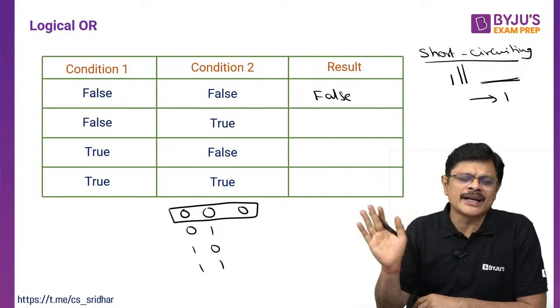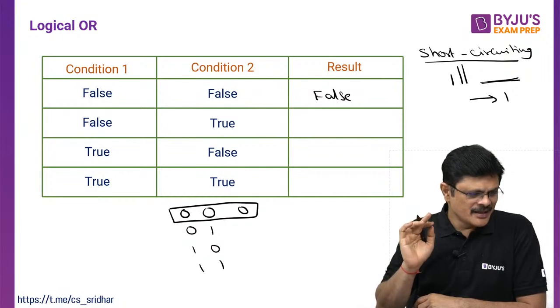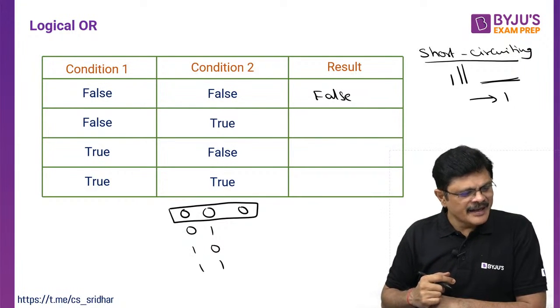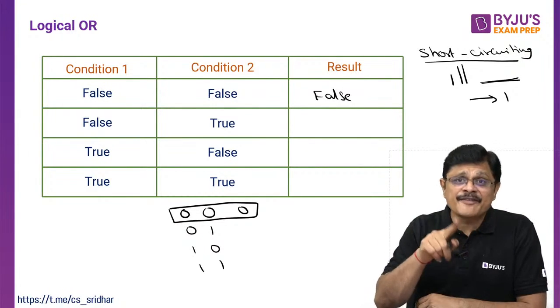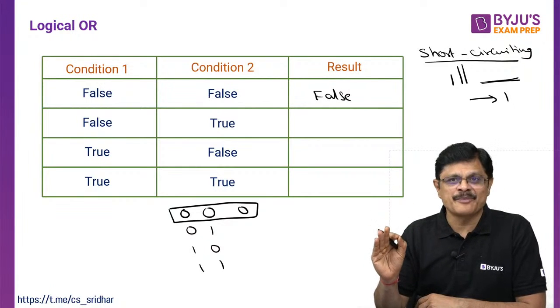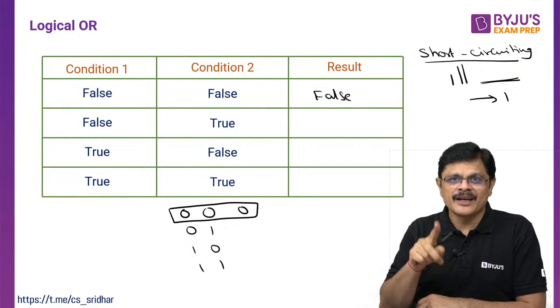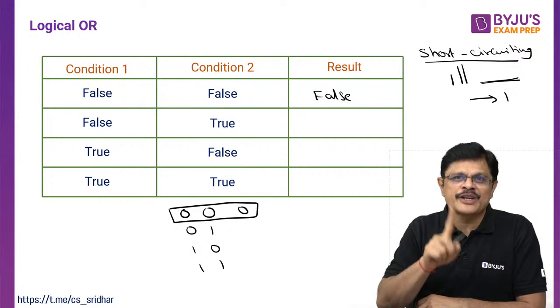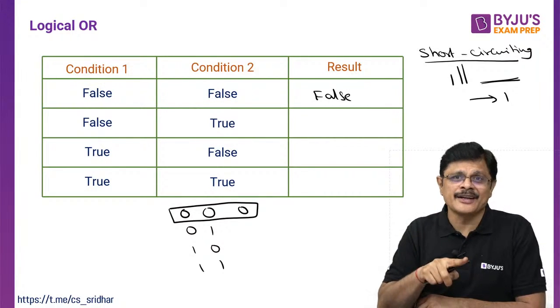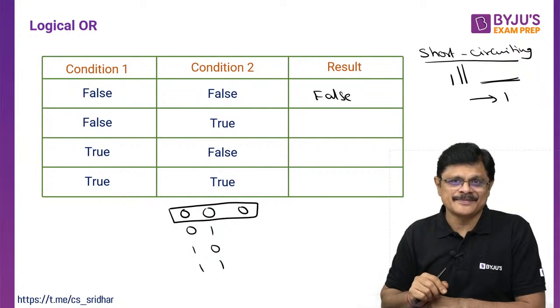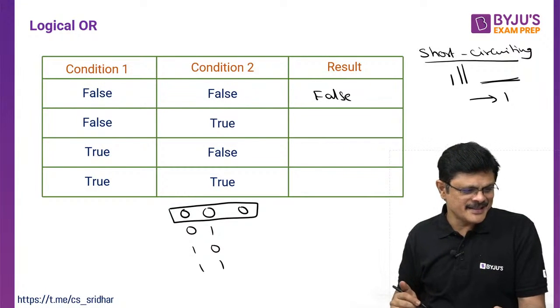Because 1 or whatever nonsense, the answer is 1, if any one is 1. Especially when the first fellow is 1 in a logical OR expression, short circuiting will happen. Please note that point, my dear friends. Am I clear?